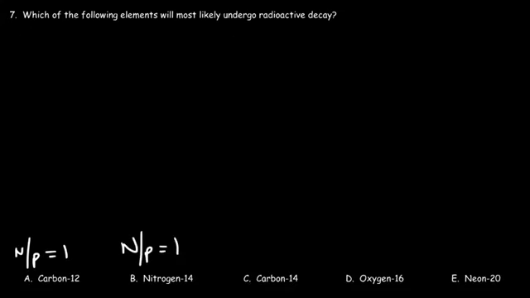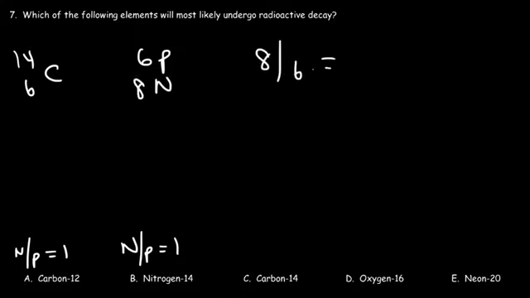Now let's look at carbon-14. It has 6 protons, and 14 minus 6 is 8 neutrons. 8 divided by 6 is 1.33. So therefore, carbon-14 will likely undergo radioactive decay, and it does. Now what about oxygen-16?